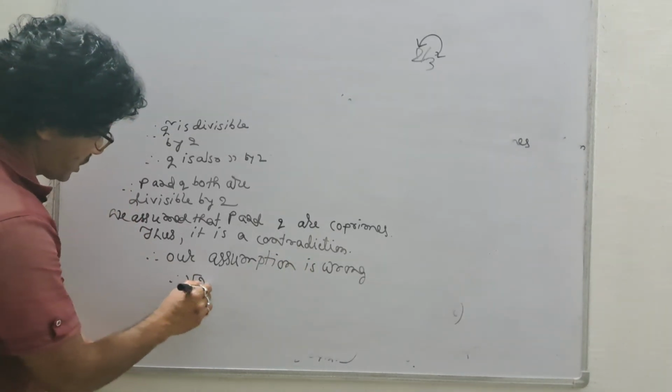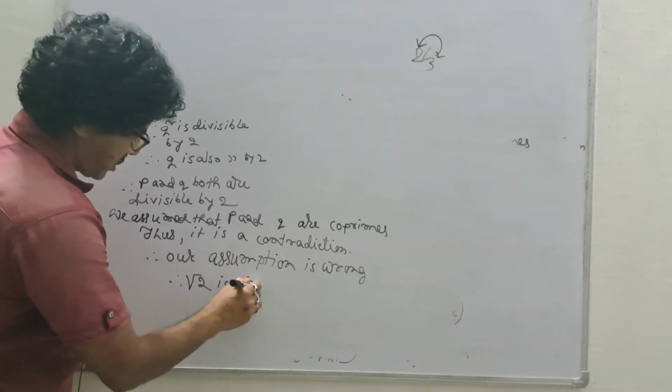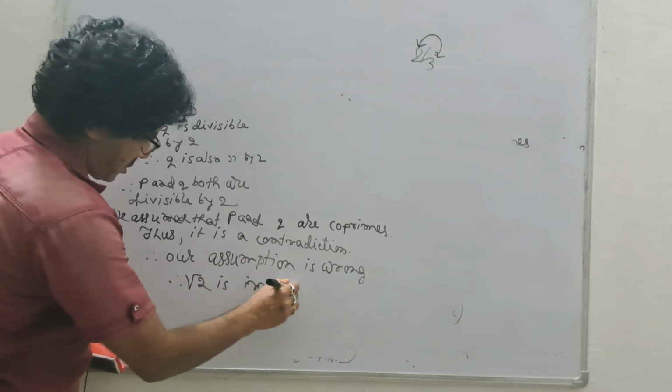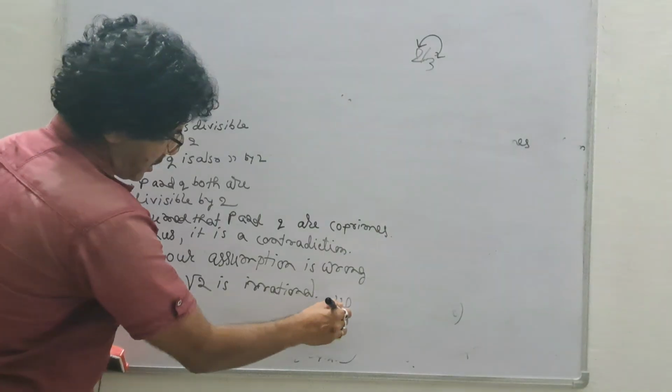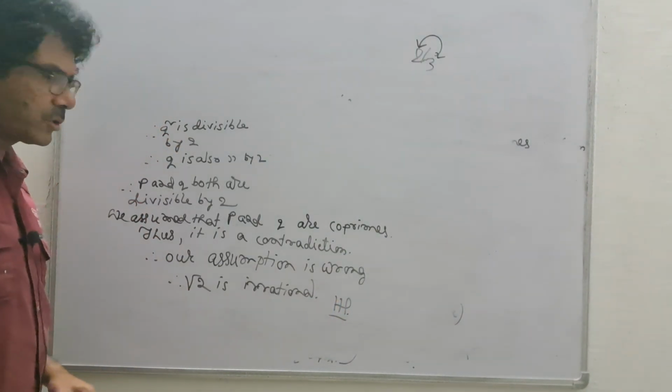Therefore, root 2 is irrational. Okay, hence proved. Understood?